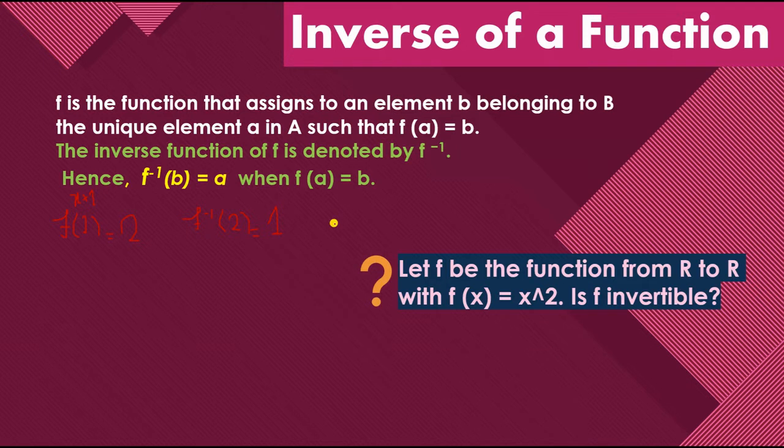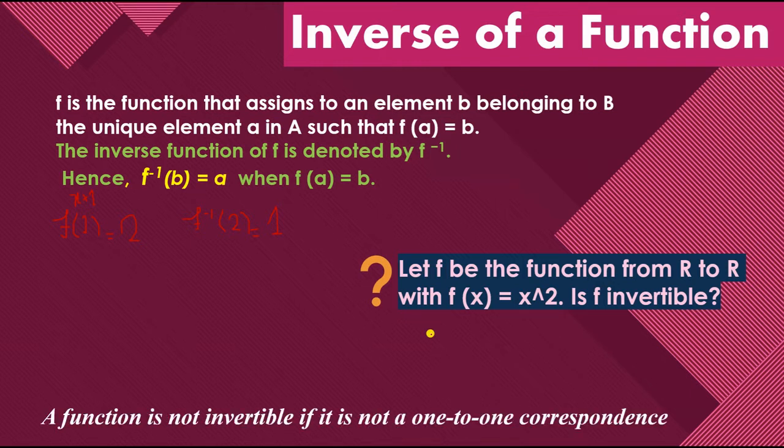Okay. Now there's a question for you, that if a function is from real numbers to real numbers and the function is x square, is this function invertible or not? So go and just pause this video and think about it, that can we find out the inverse of this function or not? So guys, let me tell you one thing, that a function is not invertible if it is not a one-to-one correspondent function, if there is no one-to-one correspondence between the two sets.